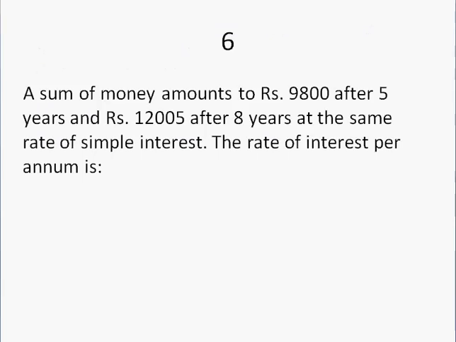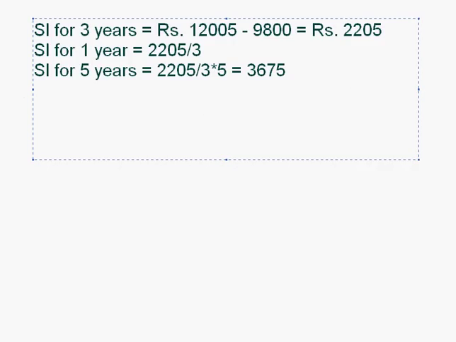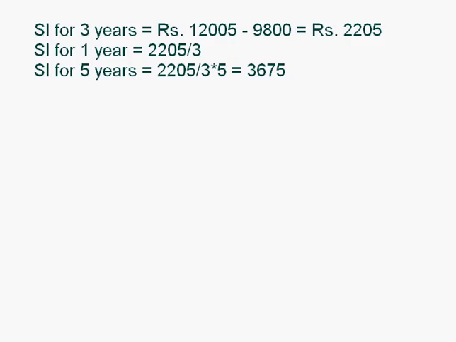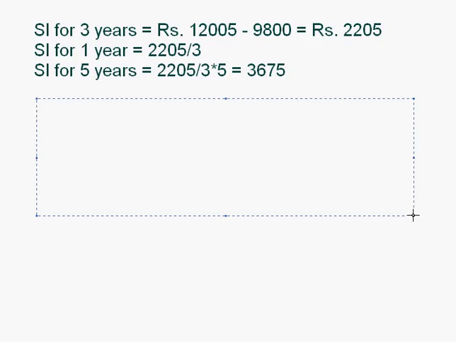Here in the question we are given that the total amount to be paid after 5 years is 9,800 rupees. So what would be the principal here? To find the principal, what do we need to do? We need to subtract 3,675 from that amount, because the total amount paid after 5 years was 9,800 rupees, right?